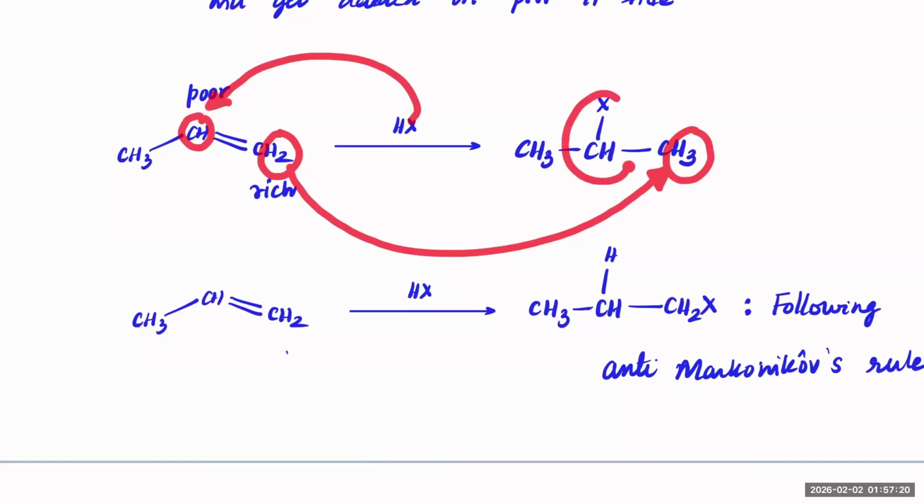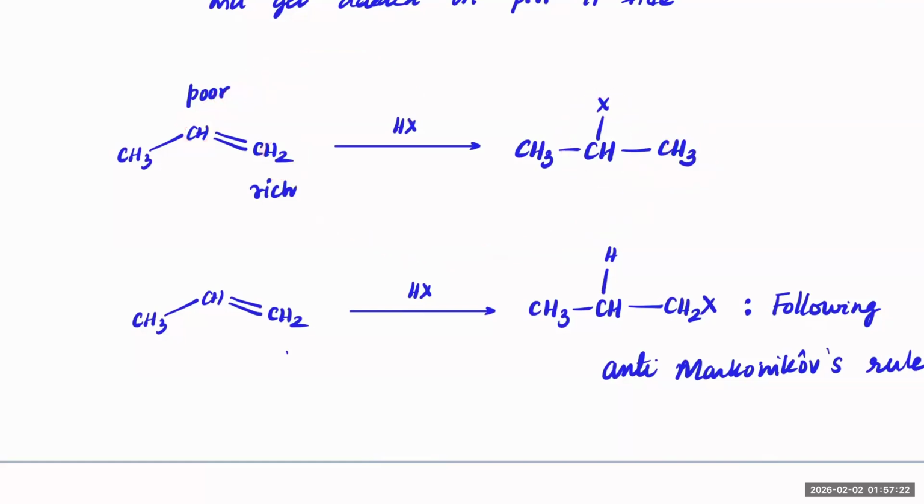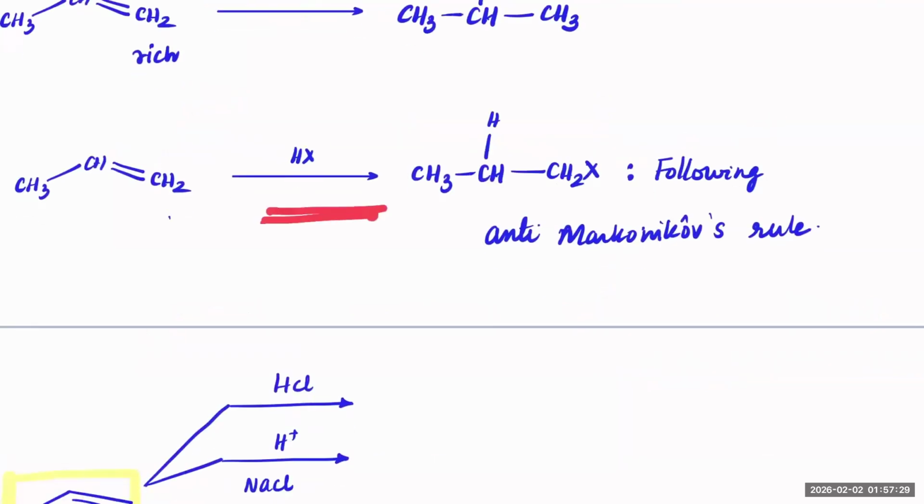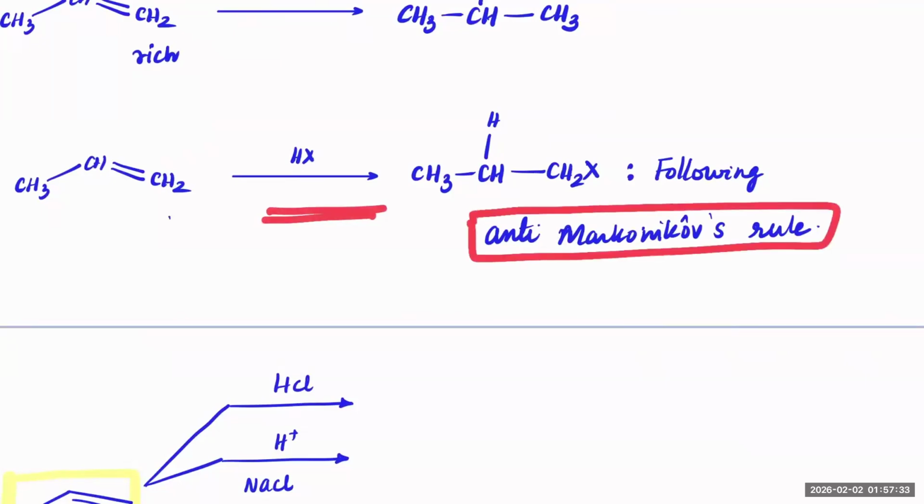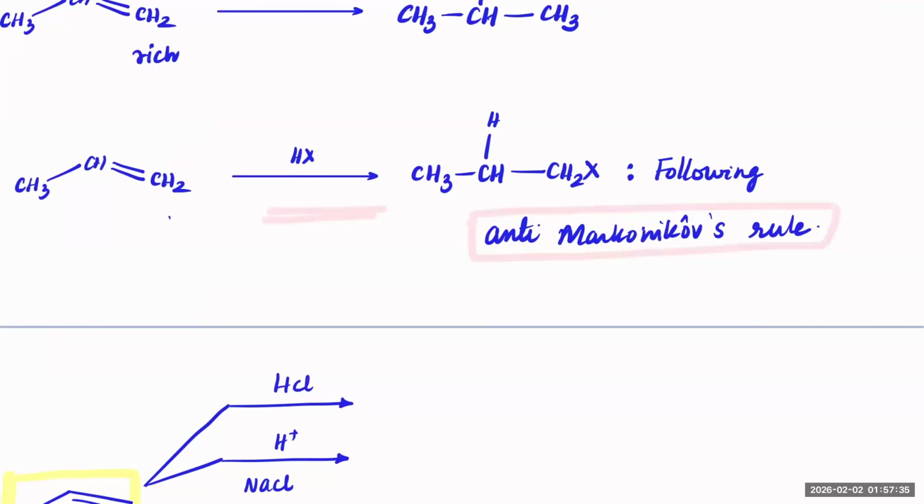That's how you end up getting this product. This is something we call following Markovnikov's rule. But if it happens the other way around, it is called following anti-Markovnikov's rule.